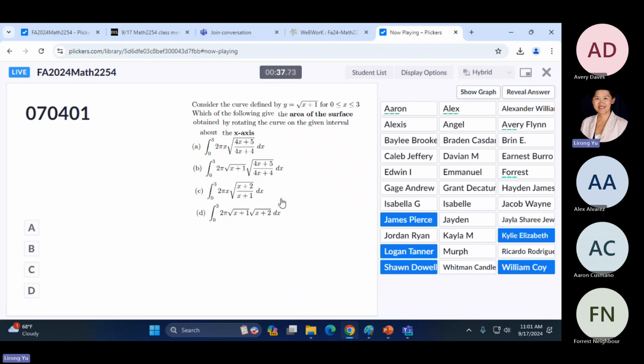So the r is a y value, right? The y value is the root of x. So it's 2 pi times this, and then times ds, which is the square root of 1 plus derivative squared dx. The one that we had yesterday. So let's try to review what we're.